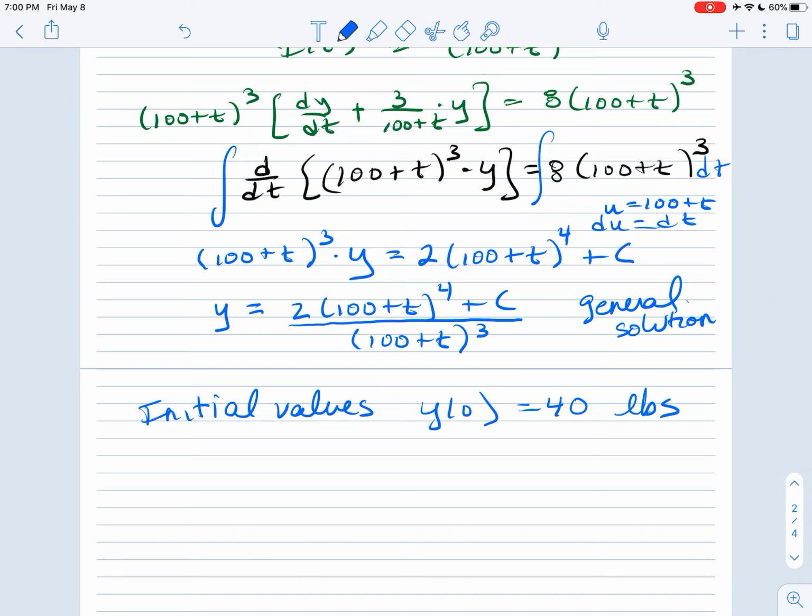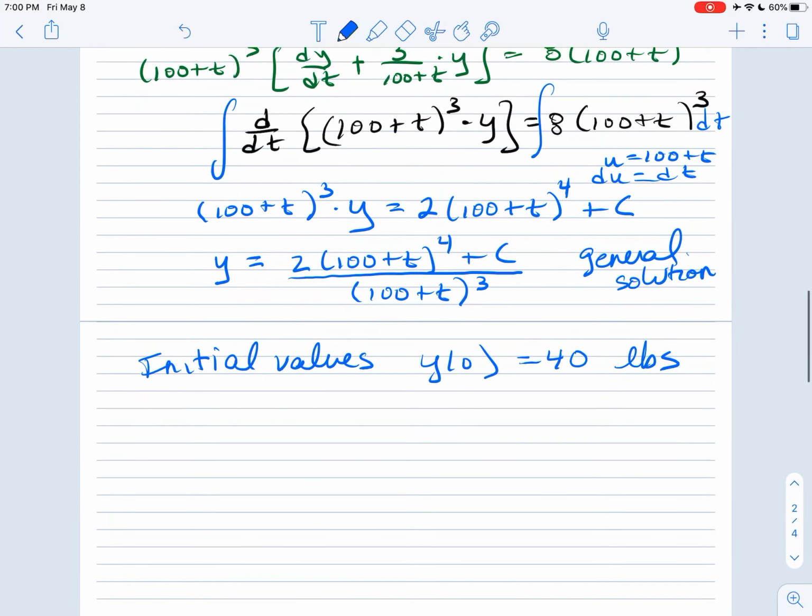So I'm going to use that when t is equal to 0, y is equal to 40, and I'm going to solve for c to find the particular solution. And so here I go. I have 40 on this side, and I'm going to go 2 times 100 plus 0, which is going to give me 100 to the 4th power plus c over 100 plus 0, and I'll have 100 cubed.